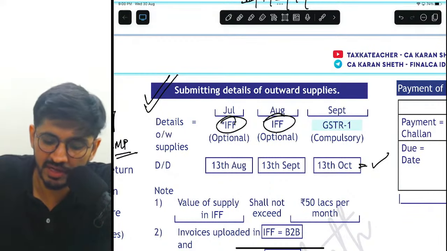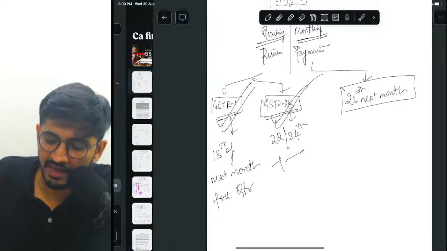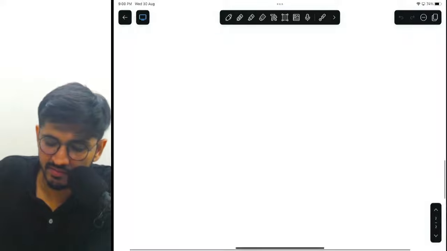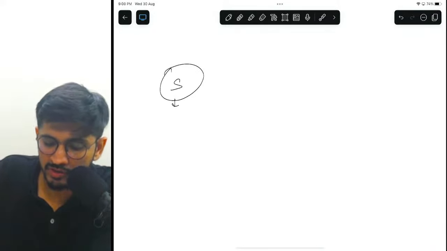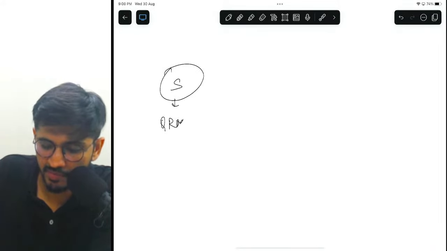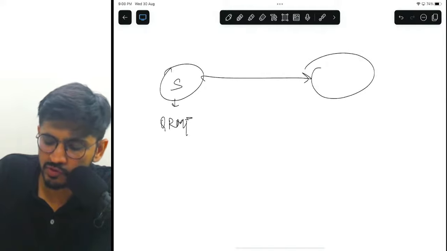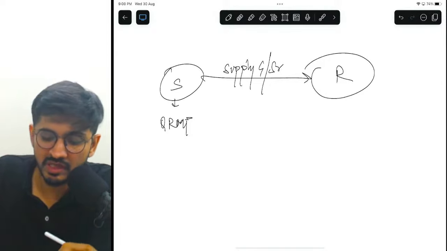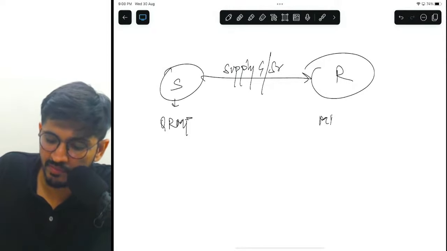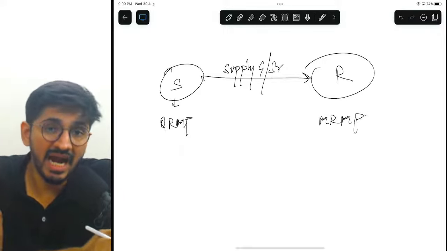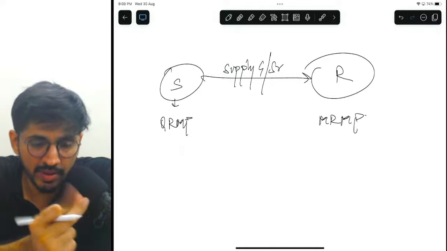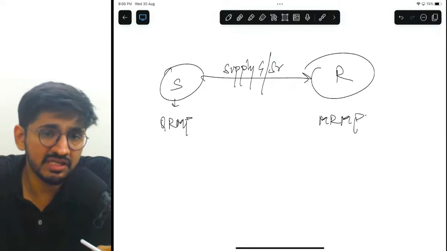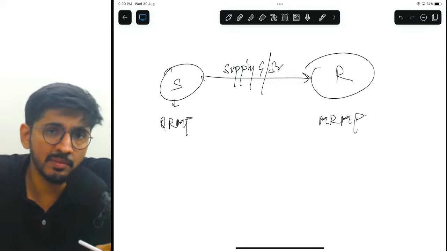Very simple. Understand very clearly that if I am a supplier who has opted for the QRMP scheme, but I supply goods or services to a recipient who has opted for the MRMP scheme, that person requires ITC quickly. If he has purchased in the month of April, he wants ITC in the month of April.